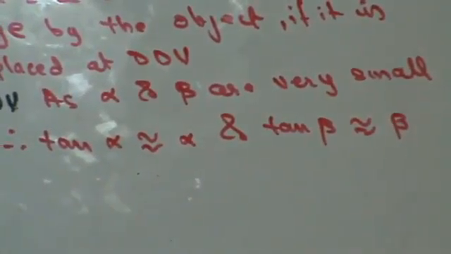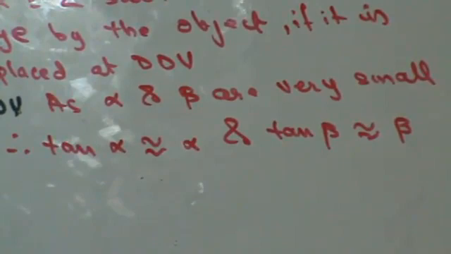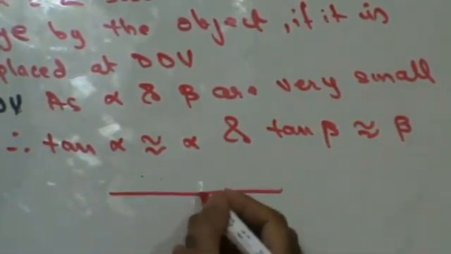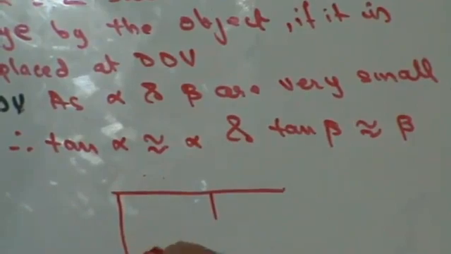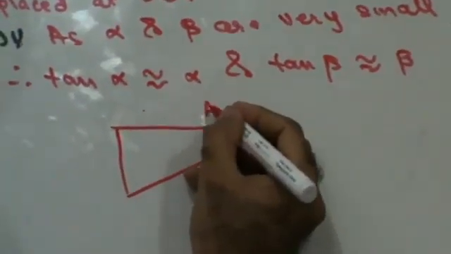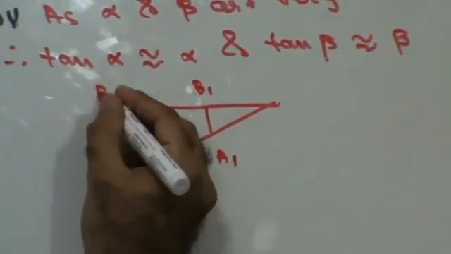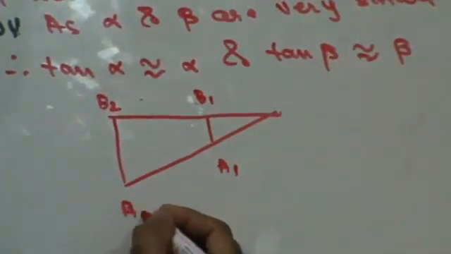Now beta can be written as, now see you have this image like this. This is B1, A1, B2, A2 and this was beta, right?